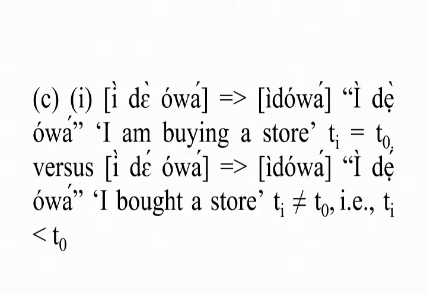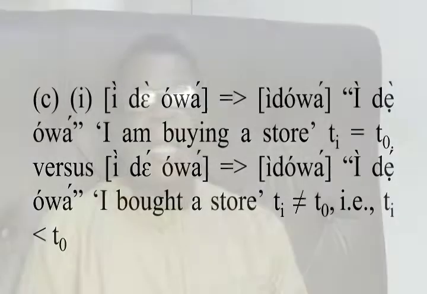You see, because of the elision processes, the two will be phonetically realized the same way. That is, Idowa, meaning I'm currently buying a house, having a store, and then Idowa, and that is because of the tonal patterns in the underlying forms. That is the words that constitute each of the utterances.